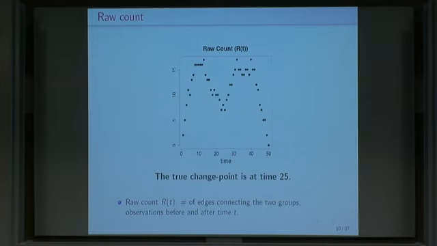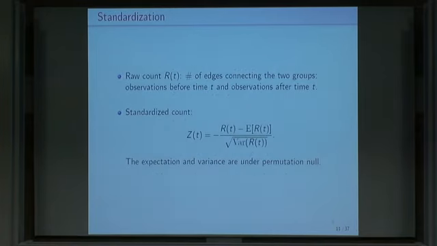So for example, at time 1, there is only one observation in one group. So we would expect that observation to connect to quite a few fewer edges to other observations. So we need to standardize this raw count so that they are comparable across time. And the standardization is the regular one, by its mean and variance.